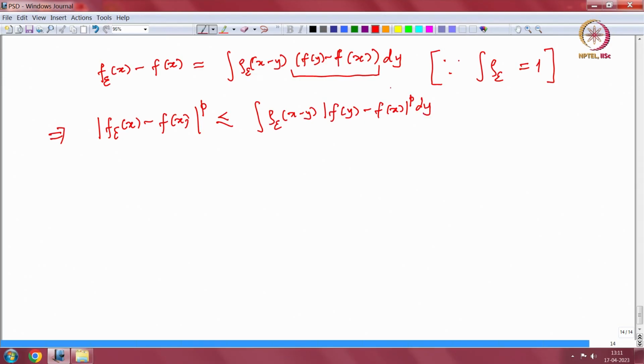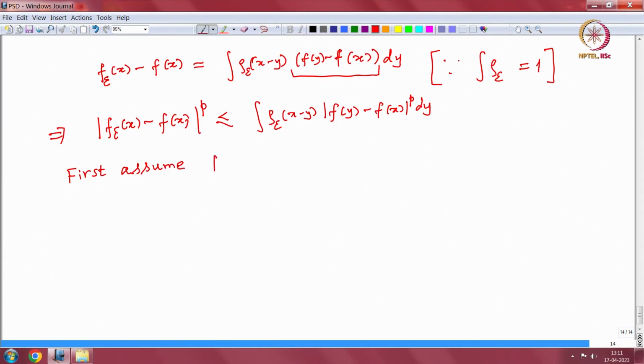Now we want to integrate with respect to x and show that it tends to 0. There are some gaps here in the argument, so you should fill them in.